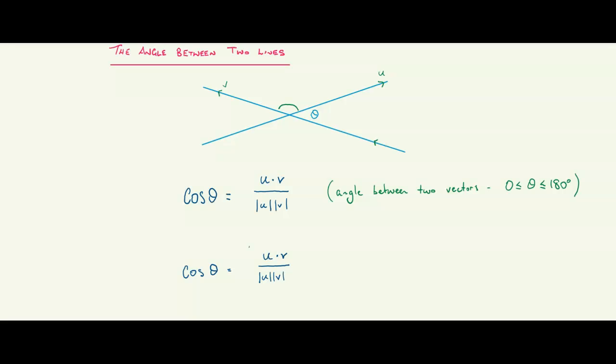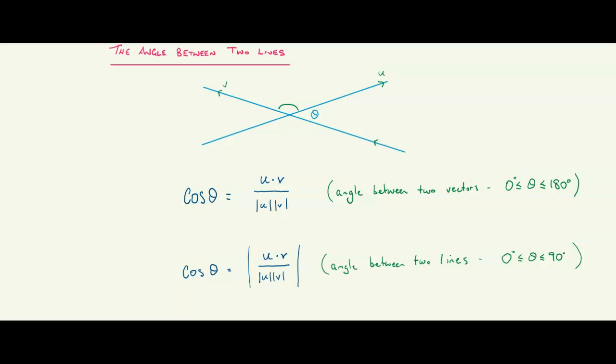Then what we'll do is take the absolute value of this, and this is my angle between two lines, and the two lines are still vector defined. In this case I can only go from 0 degrees to 90 degrees. Okay, so that is my setup.